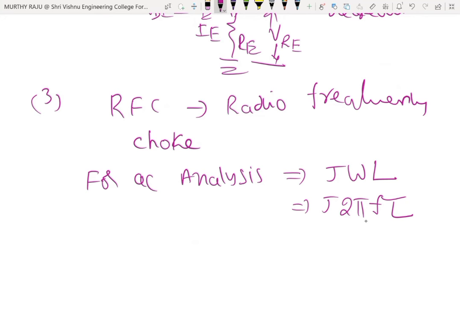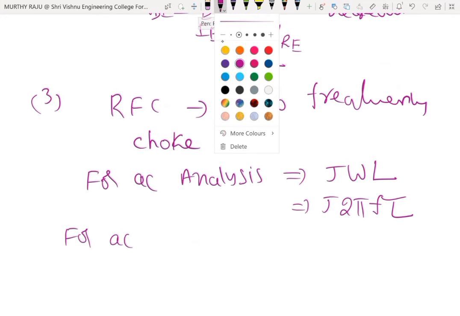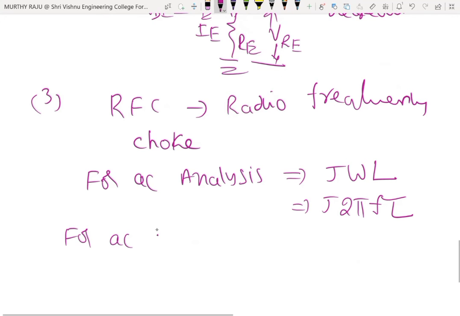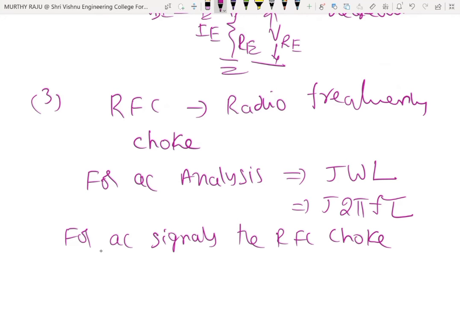Frequency value is very high. Therefore, for AC signals, the RFC choke acts as an open circuit.